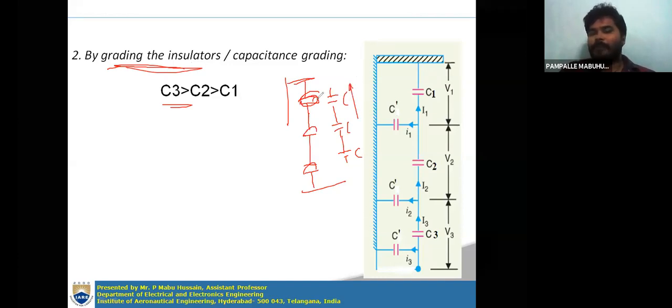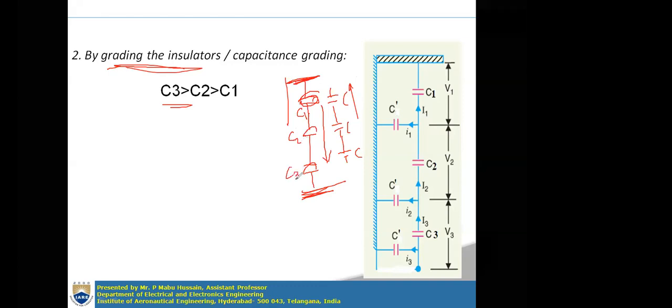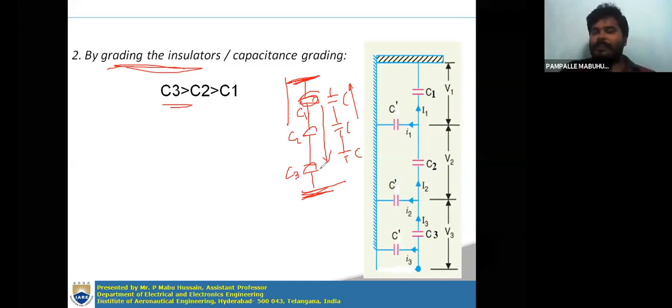So from the cross arm to the conductor, the capacitance value will go on increasing. That means C1 will be less than C2 and C2 will be less than C3, which is nothing but the size of the insulator nearer to the conductor will be more.